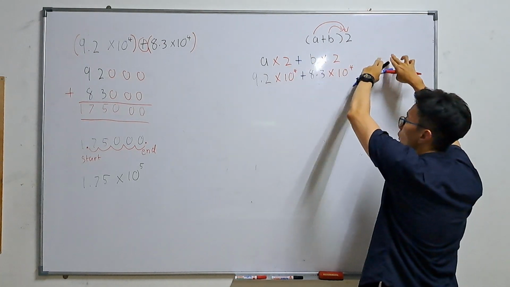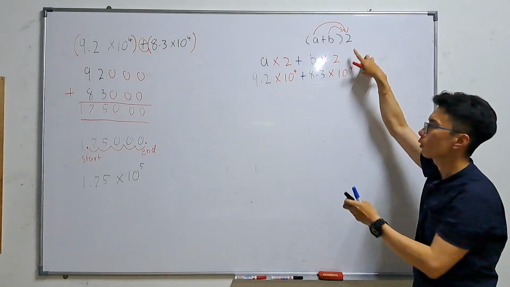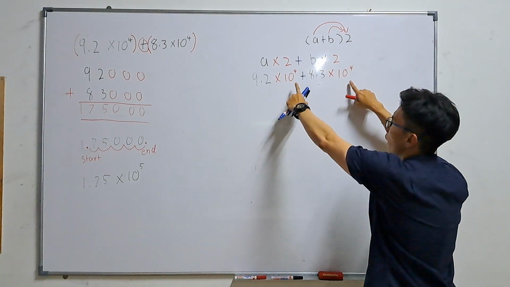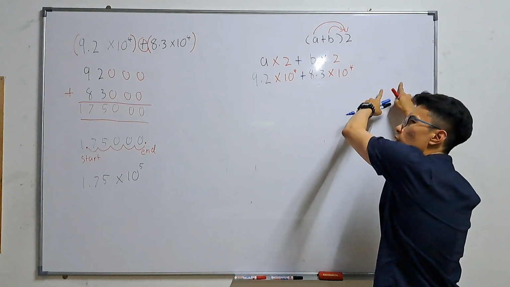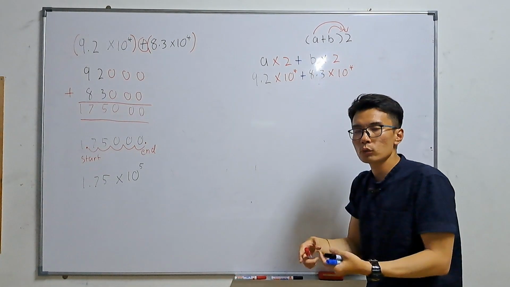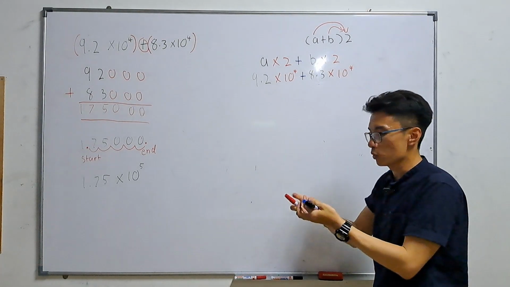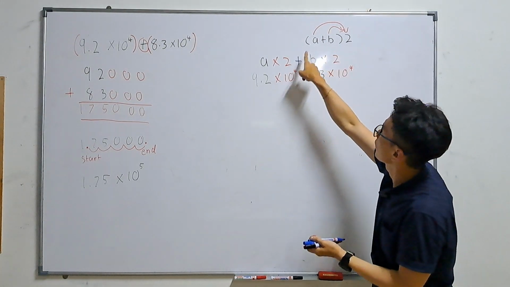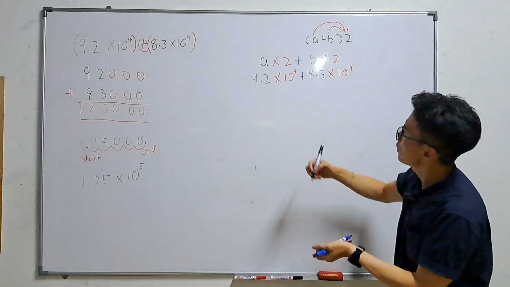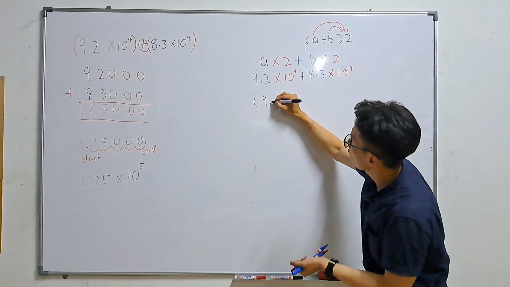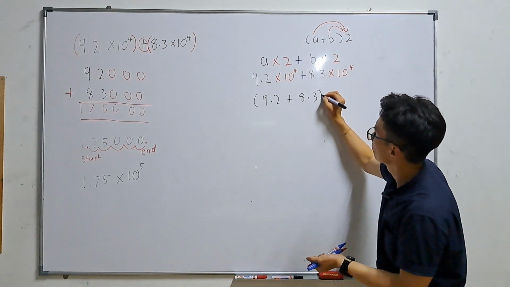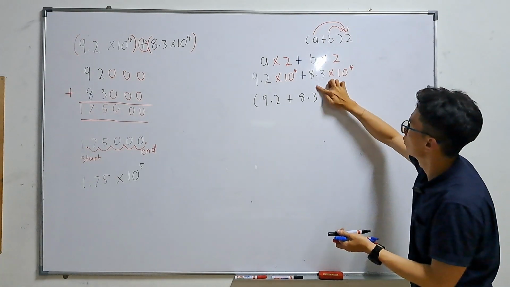Now I will take 10 to the power of 4 and factorize it out. What do I leave behind? 9.2 and 8.3. So these two numbers will just add together, all right? Like what you can see over here with this equation. So I can rewrite this as 9.2 plus 8.3.